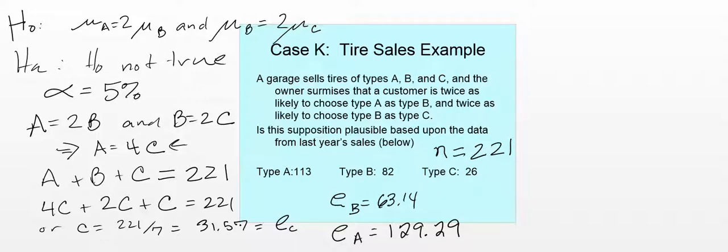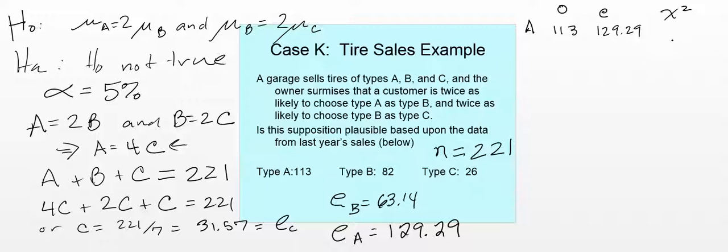So next we need to calculate our chi-squareds. For brand A, we had an observed number of 113, so we'll have an observed, an expected, and then a chi-squared. Our observed number was 113. Our expected number was 129.29. And we calculate our chi-squared, as always, taking our observed number minus the expected number, square it, and then divide by the expected number.